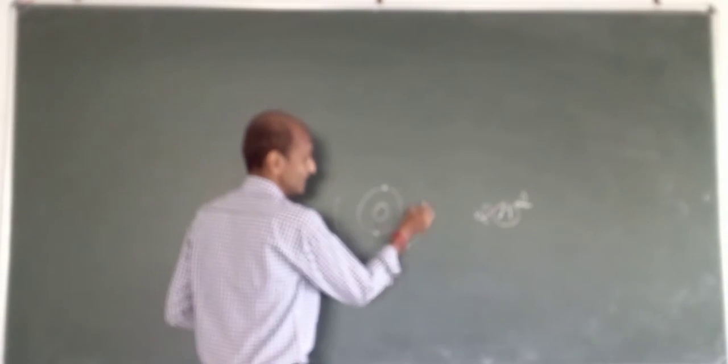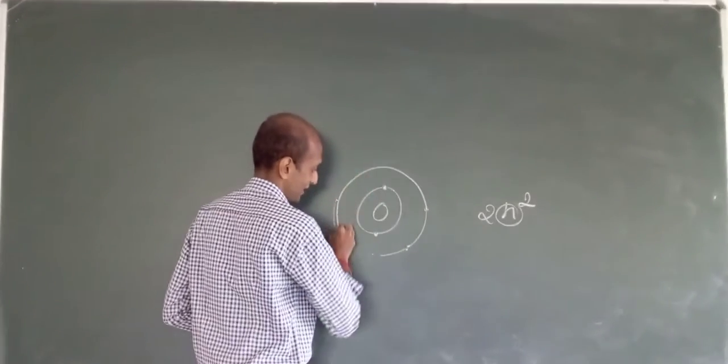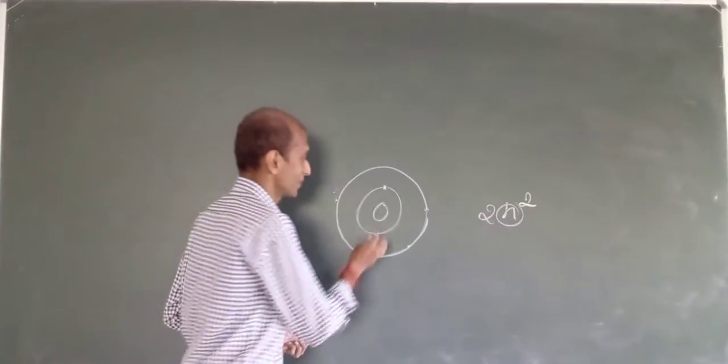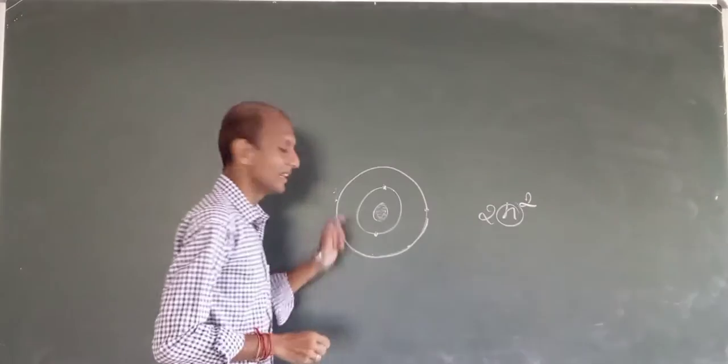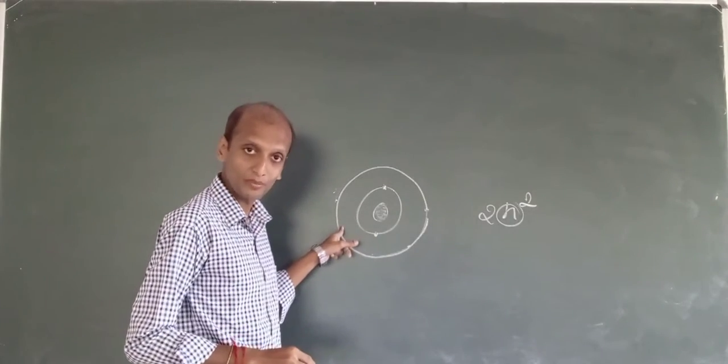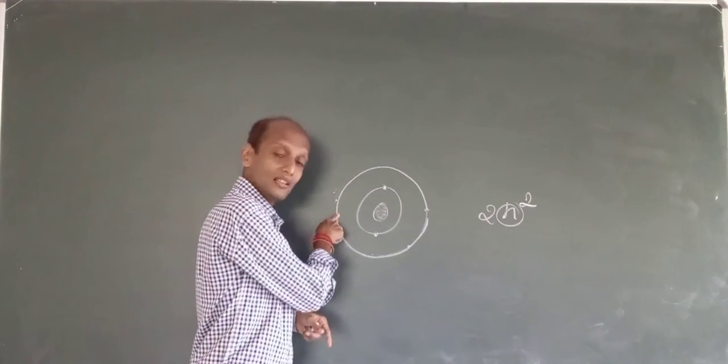For a particular atom, if it has only 2 orbits, the last orbit is the outermost orbit. This is called the valence orbit.